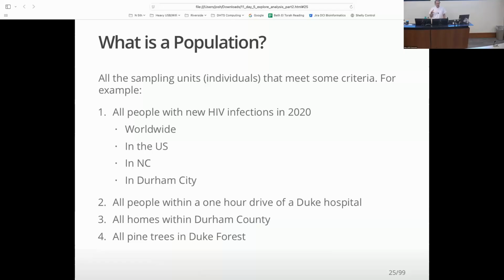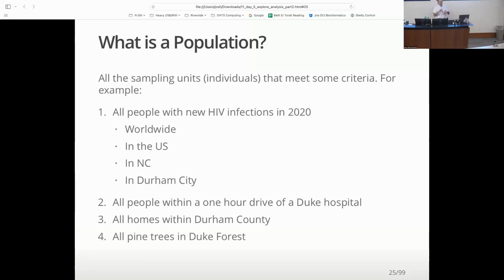And another could be all the people with new HIV infections in 2020 in the city of Durham. Those are all different populations. Obviously, the people with new HIV infections in 2020 in Durham will be a subset of the population worldwide, but those are all populations.